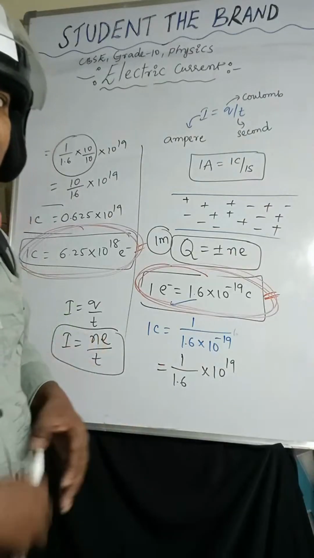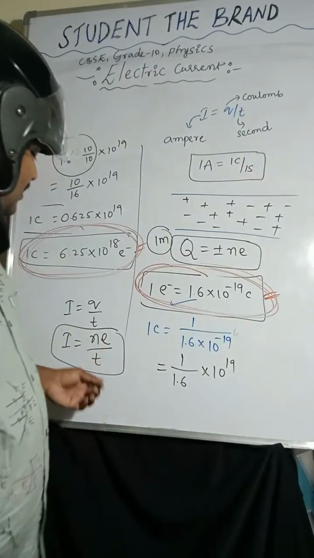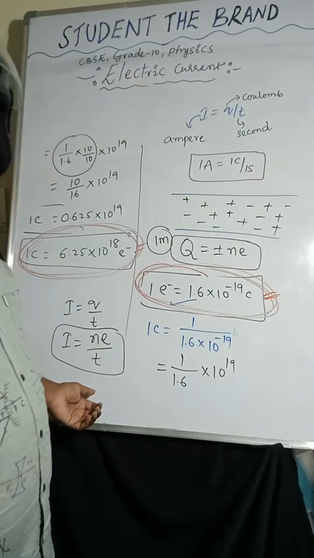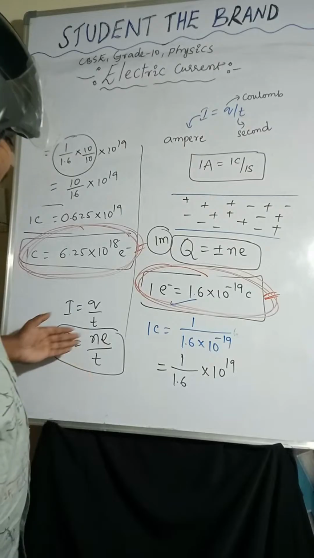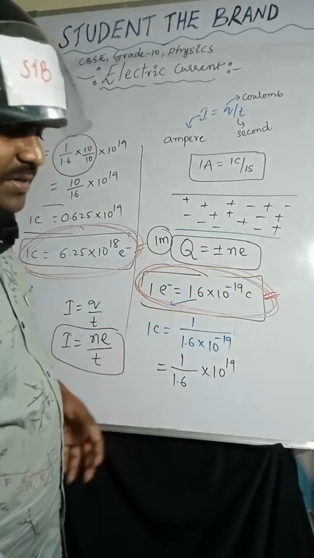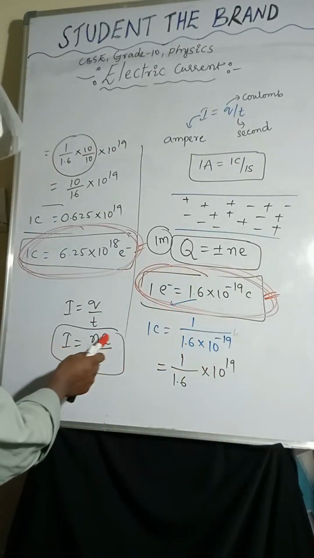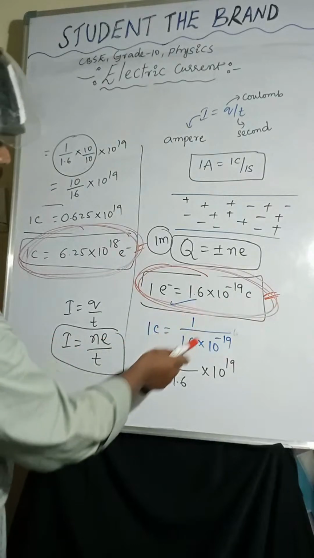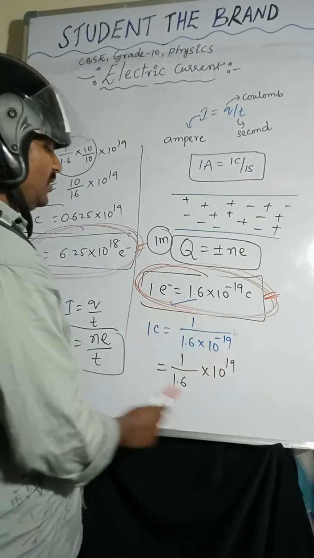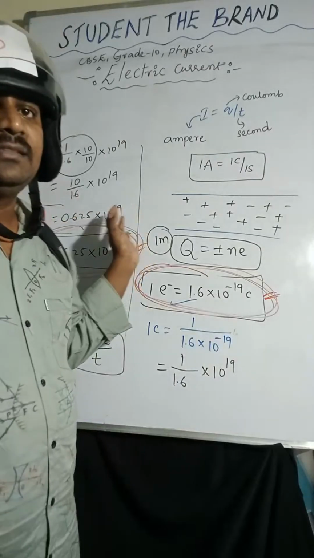Time is 1 second, current is 1 ampere. Here we have to remember how much charge is present on 1 electron. Then n equal to 1 by 1.6 into 10 power minus 19. However you solve this, you will get the answer.